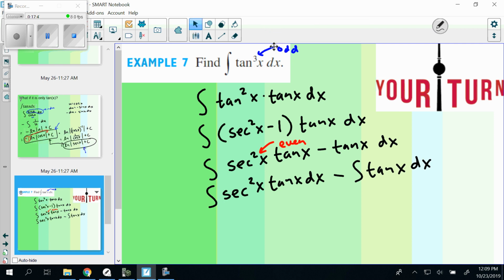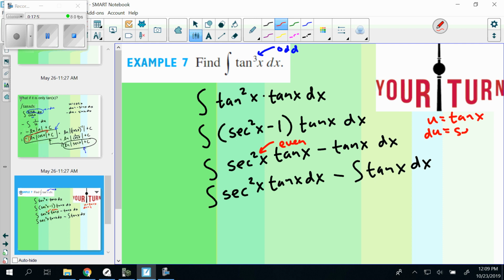So if we see an even power, we know the substitution we want to make is for tangent, because what's the derivative of tangent? Secant squared. So this would turn into our du, and there's our u there.